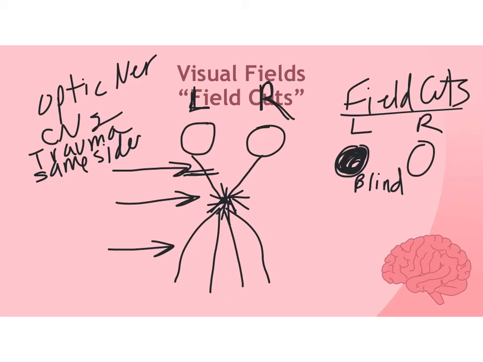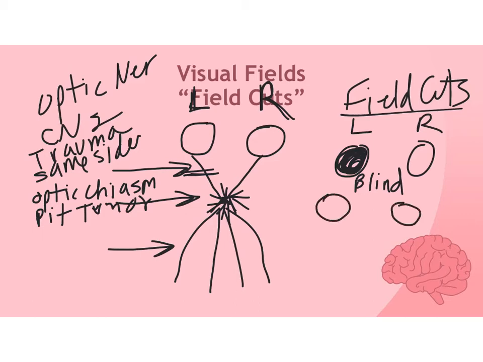Next is called the optic chiasm. And this is affected with a pituitary tumor. Your pituitary gland sits underneath your optic chiasm. So the field cut that comes with that is, again, draw two eyeballs, one left, one right.